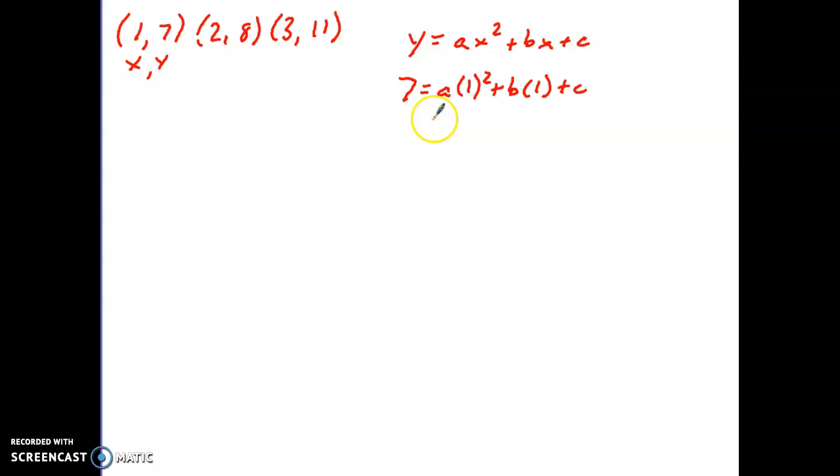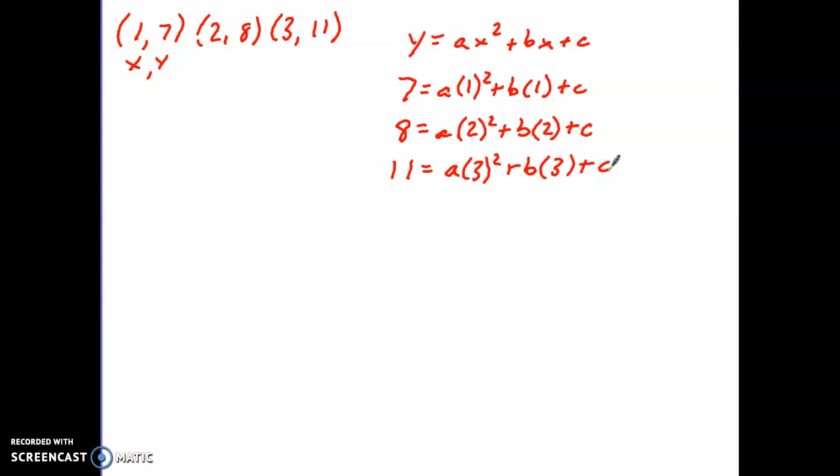If we look at the second point, we have 8 for y, and then x is 2. And looking at the third equation, we have 11 for y, and we have 3 for x. So we just plug in the points. 1 point, 1 equation.